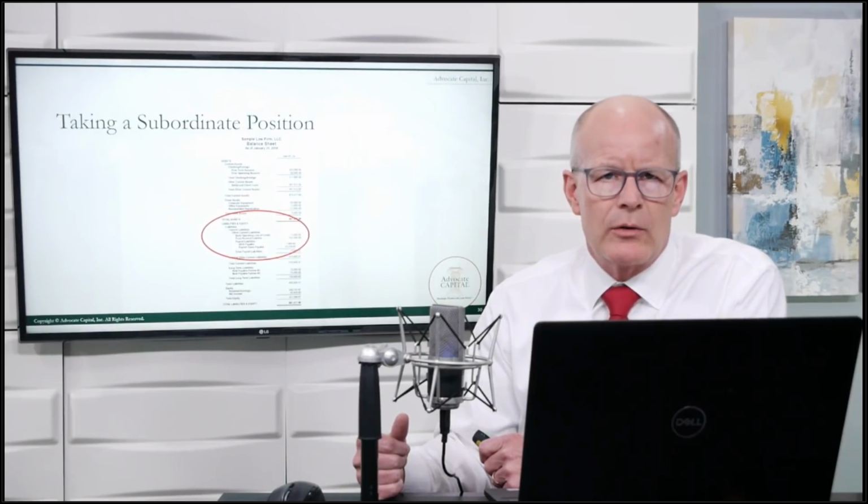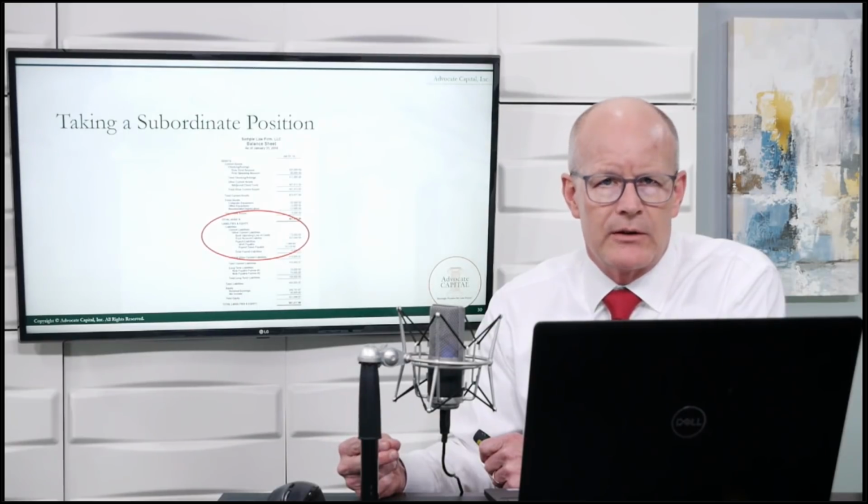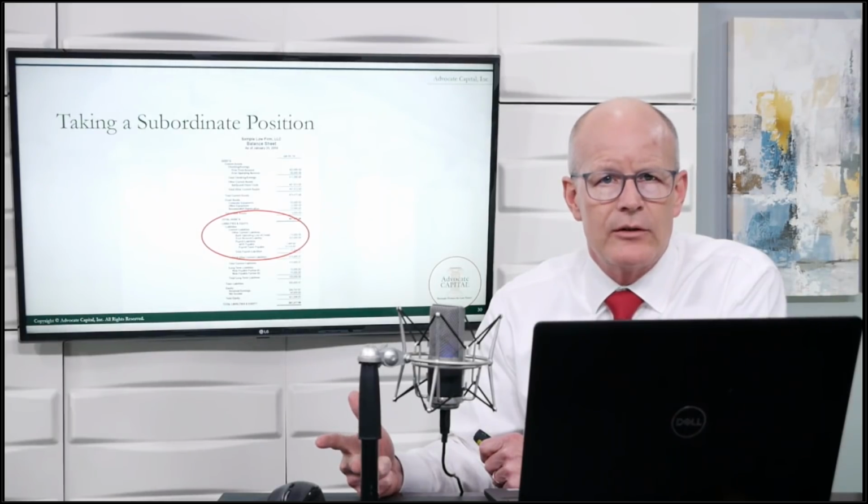So when you allow your cash to be tied up in your law firm with no note back to you, no coupon payment, no security interest, you've essentially taken what is basically an equity position, and you're subordinate to any other debtors that the law firm might have. That would include any lines of credit, any accounts receivable, any payroll that's due.